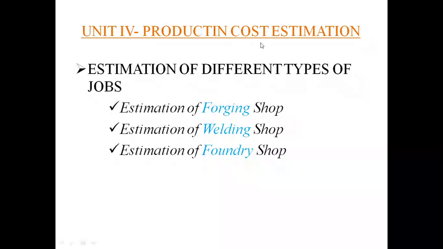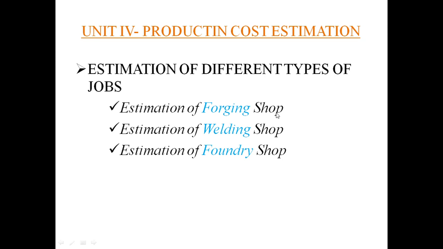And Unit 4, production cost estimation. In this unit, estimation of different types of jobs, for example, estimation of forging shop, welding shop, and foundry shop. In this subject, we will see these main three shops only.